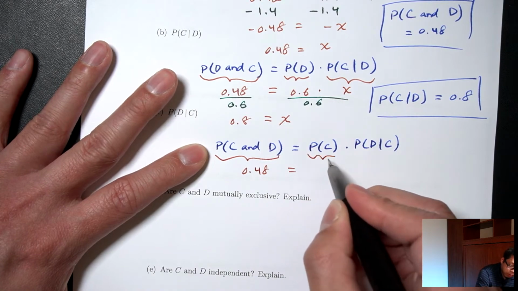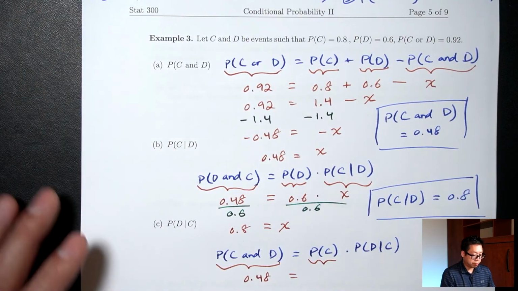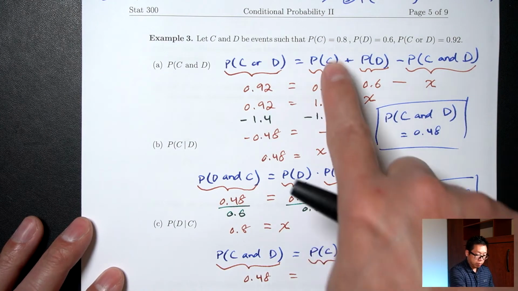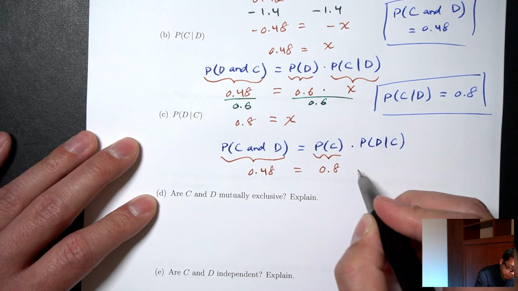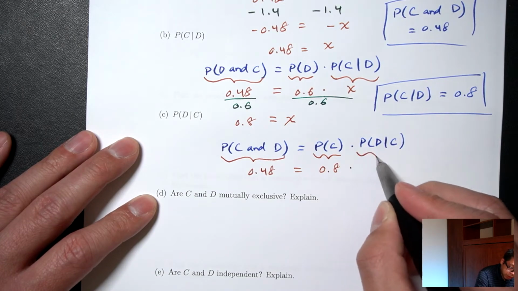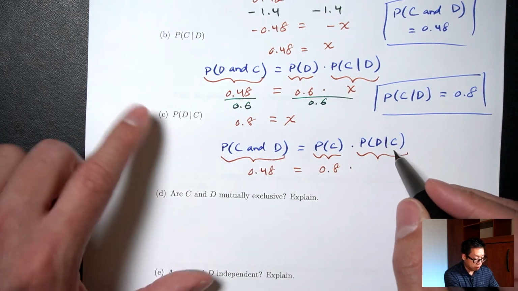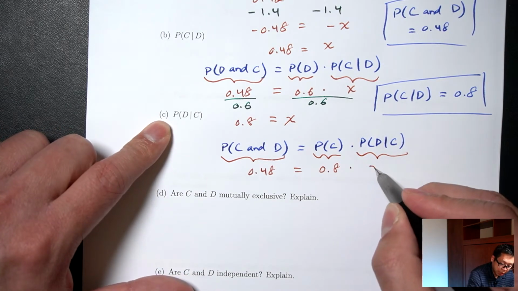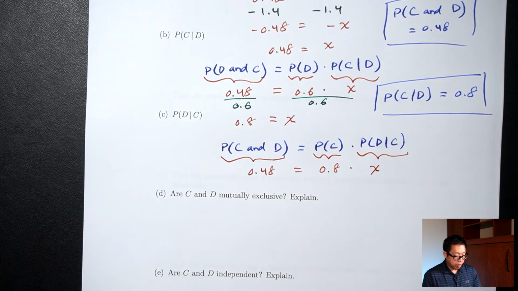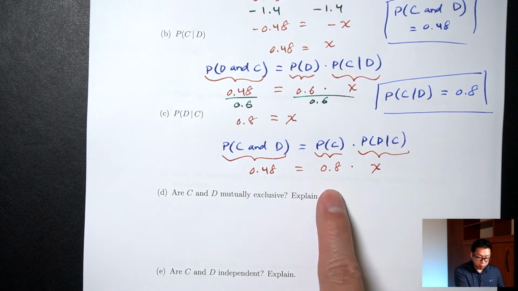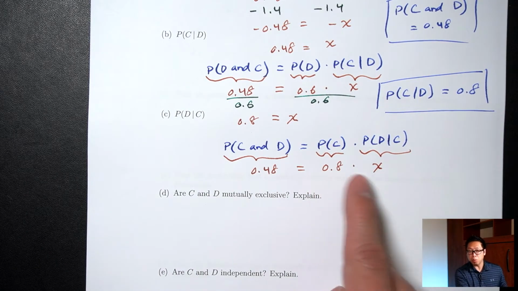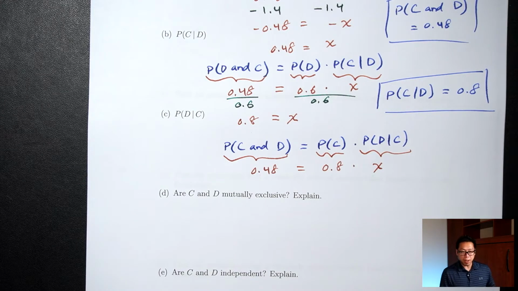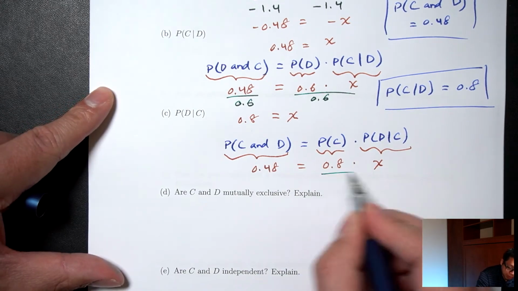Equals probability of C, right there, 0.8. Times probability of D given C, that's actually what I'm looking for. So that's going to be my x. Get the x by itself. Right now, there's only a 0.8 multiplying it, so get rid of the 0.8. To get rid of the 0.8, which is currently multiplying, you do the opposite, which is divide both sides by 0.8.